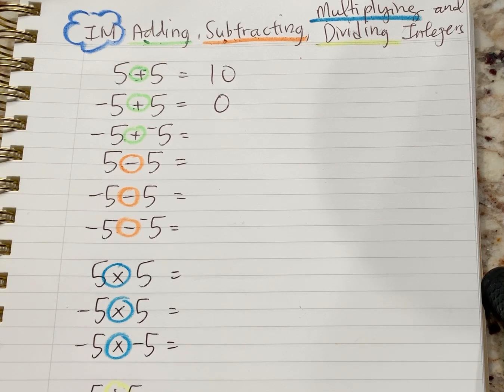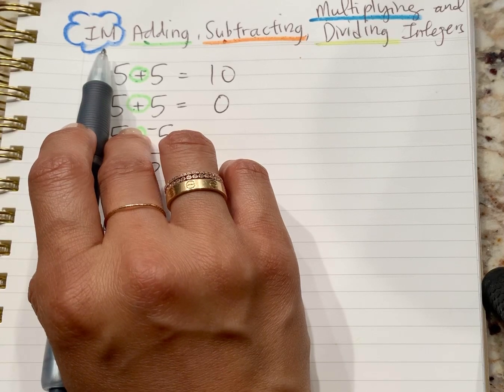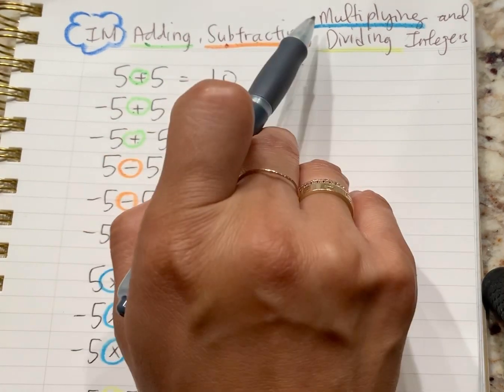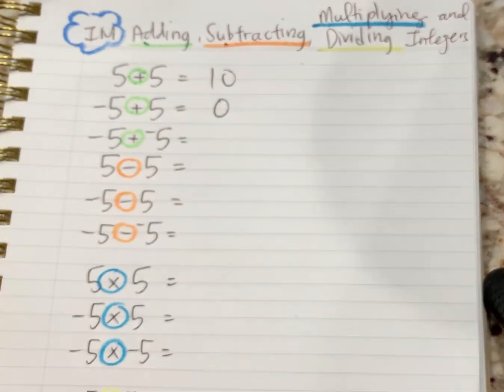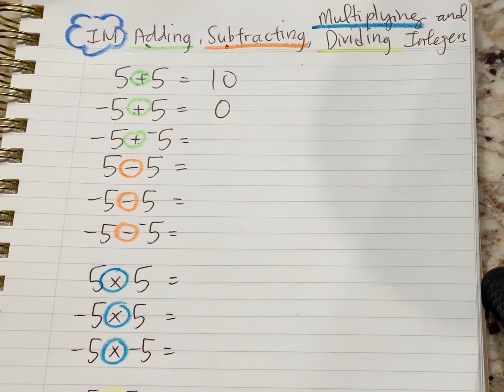Today we're going to be doing yet another interleaved math lesson, more like a review, not a lesson, on adding, subtracting, multiplying, and dividing integers. So integers, remember, are positive and negative numbers. I mentioned in my last video that the next bigger math assignment you're going to get is order of operations equations with integers.